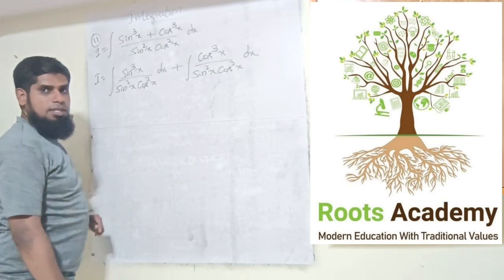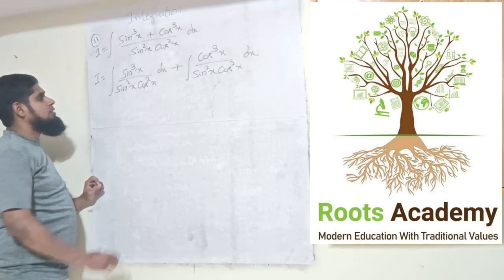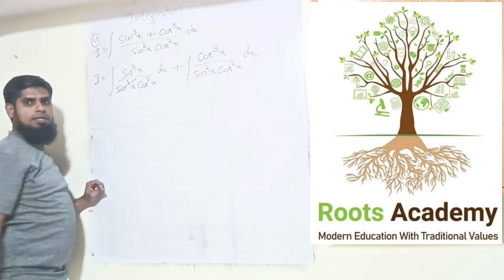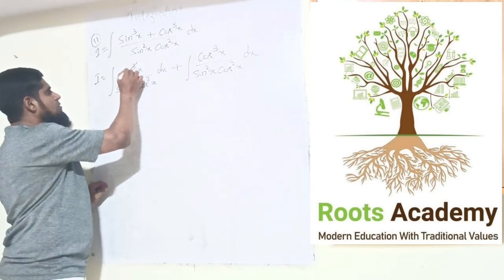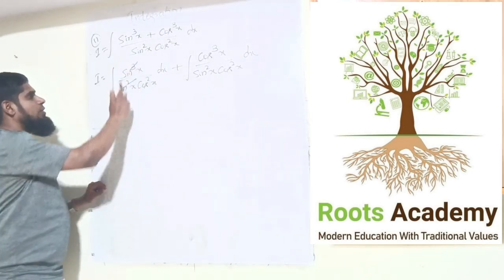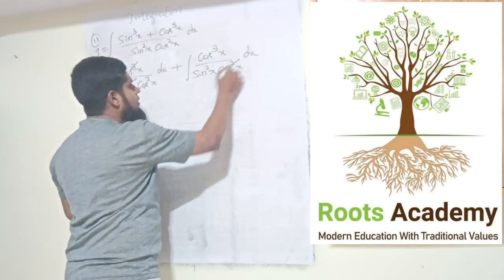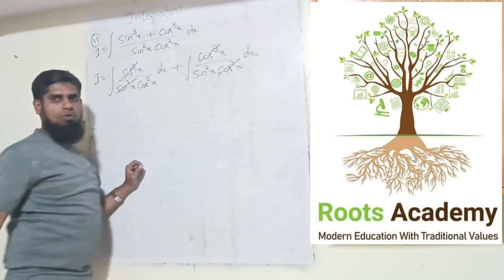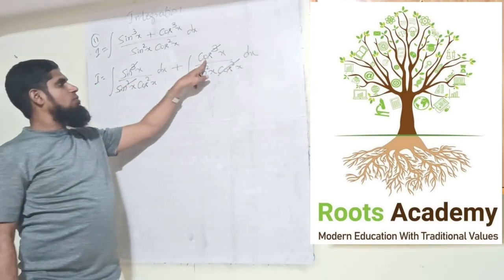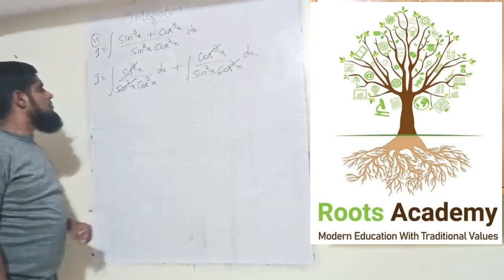Now students, let us cancel this wherever there is a possibility. Sin square x gets cancelled with numerator sin square x. In the numerator we have 1 times sin x. Denominator cos square x cancels with numerator cos square x. In the numerator we have cos x 1 time.